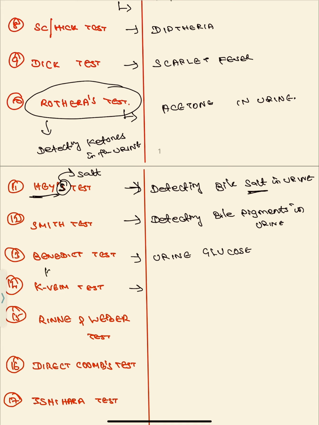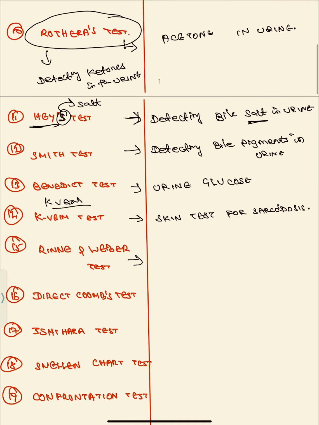Kveim test. Kveim test is a skin test for sarcoidosis. Rinne and Weber test.